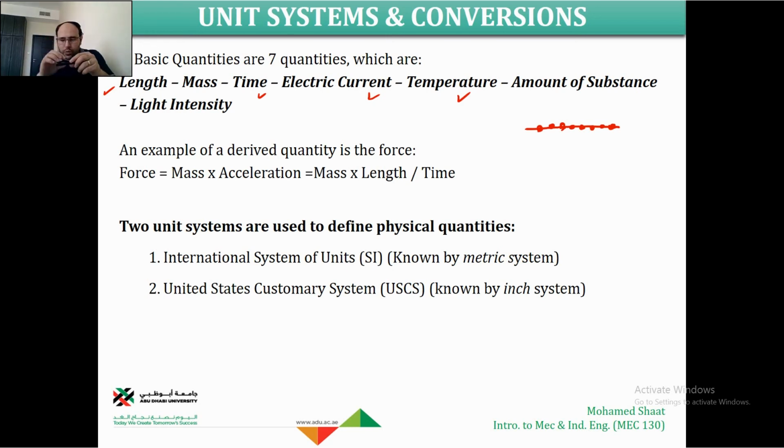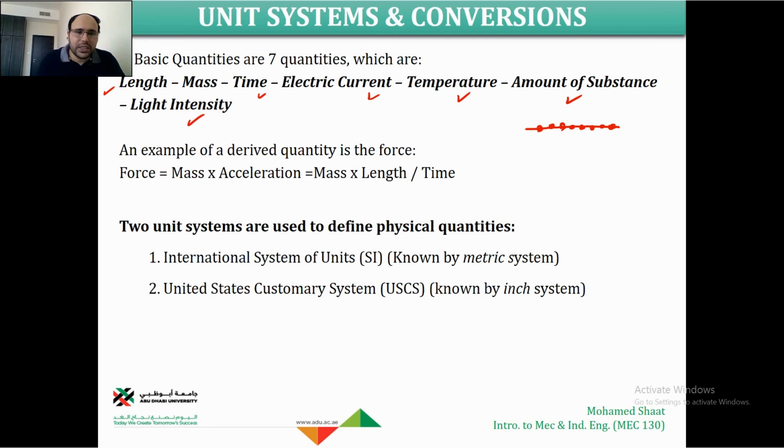If you zoom through the microscope onto this material, you can see the atoms. Make sense? So we have millions of atoms forming any small piece of the material. If we are interested in counting how many atoms, we should calculate the amount of substance. This amount of substance is a physical quantity that describes how many atoms exist in any material.